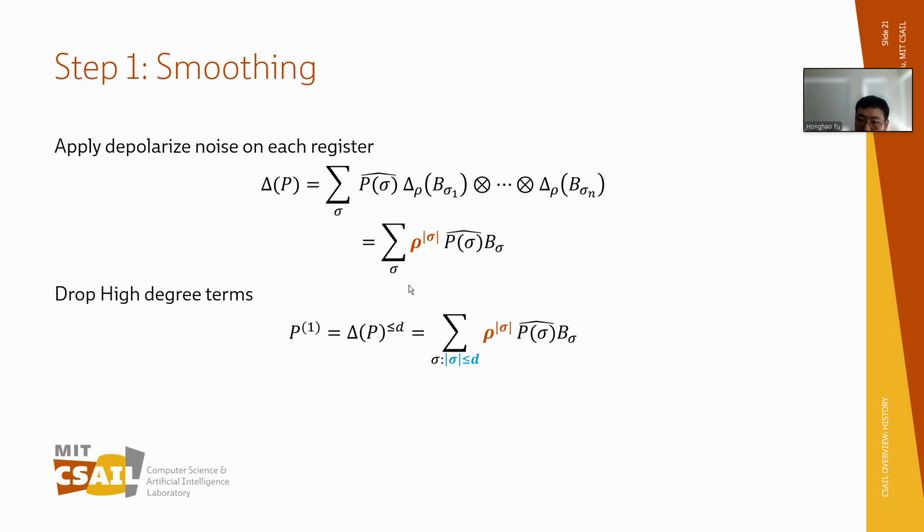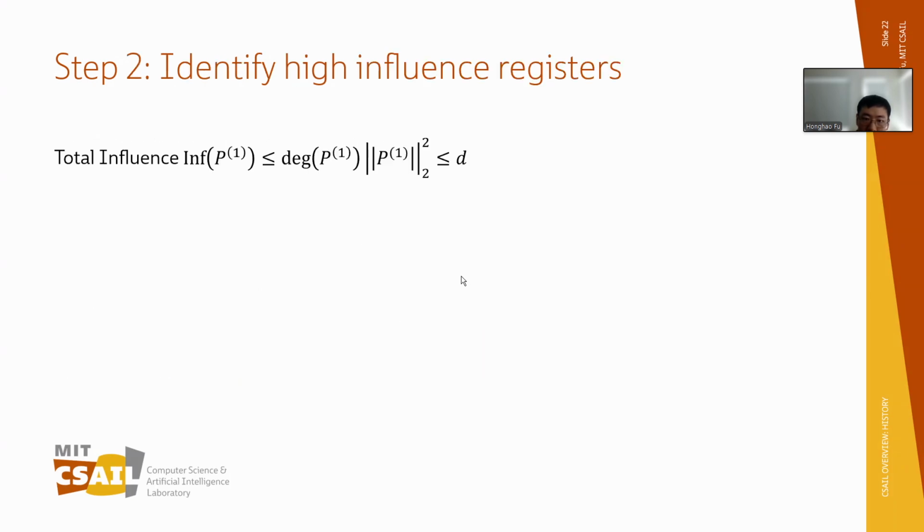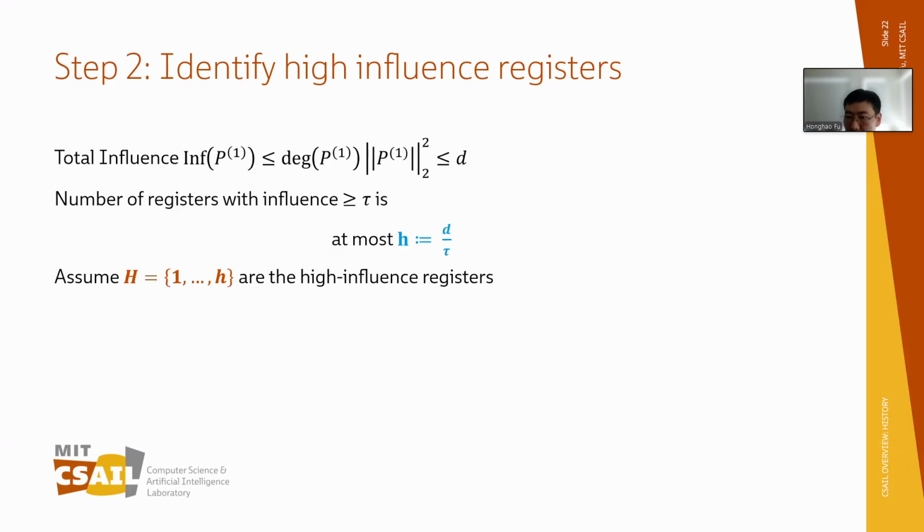This is not the effect of the original noise on the EPR pairs. My guess is that if you have those bit flip errors, this step still works, but I'm not sure about the influence, sorry, the invariance principle steps, whether they will work. That's a question. Yeah, I'm not sure. But thanks for the question.